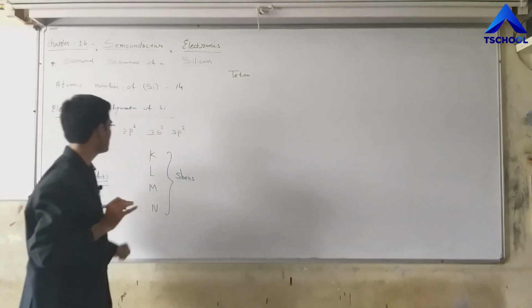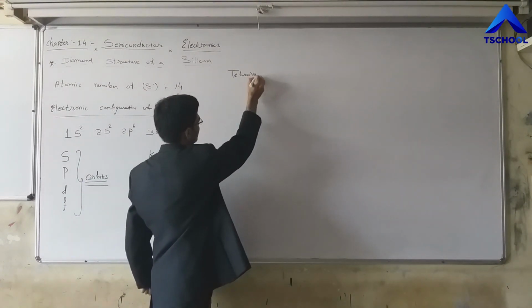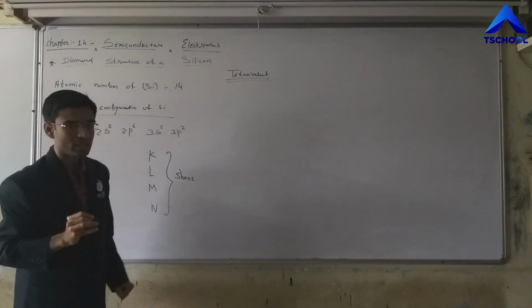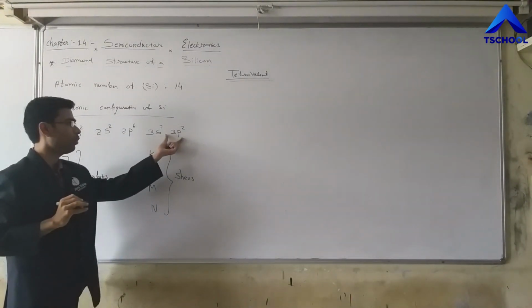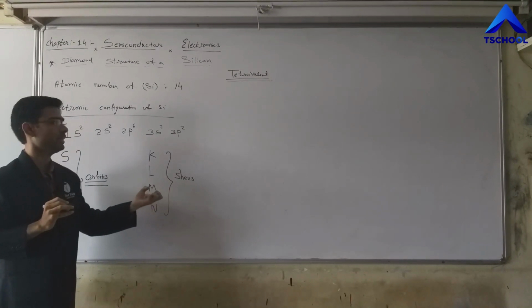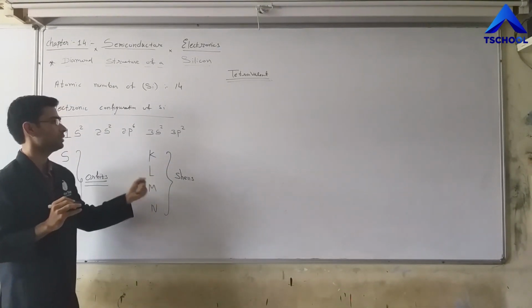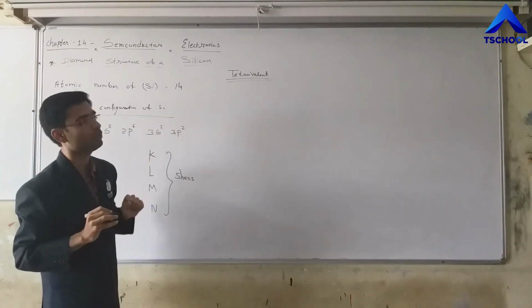That's why we can say silicon is tetravalent. Understood? Why is silicon tetravalent? Because in the outer orbit 4 more electrons can be attracted and then it becomes stable. That's why we say silicon is tetravalent.